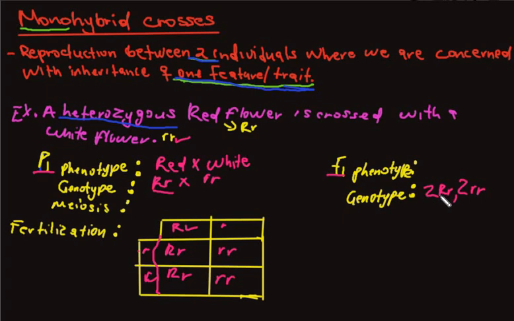Then what does capital letter R, small letter r mean? It means red, because like neglect heterozygous, because in heterozygous condition you will still call it red because red is dominant over white. Then we've got 2 red and 2 white.